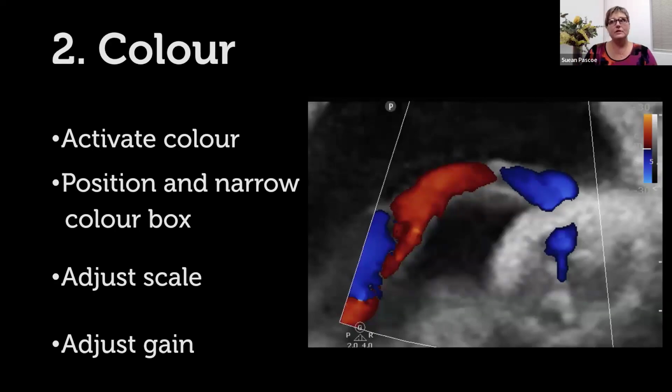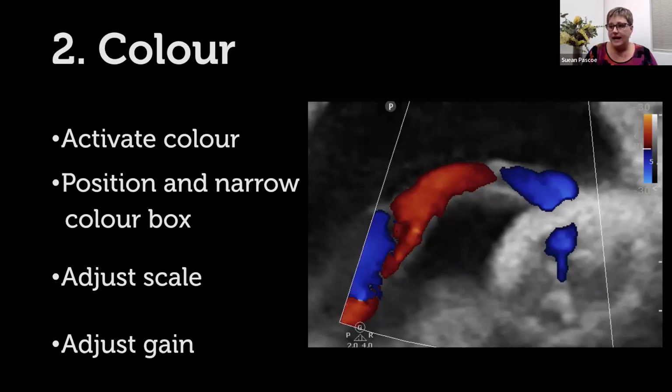And the same thing happens if we have the color box set too deep. The sound has to go deeper into the patient and then reflect back, so it takes longer to make that transit. And so the thing that trades off here is the temporal resolution. So we need to position the color box over the cord and then make it as narrow and shallow as we can so that we optimize the temporal resolution of the system.